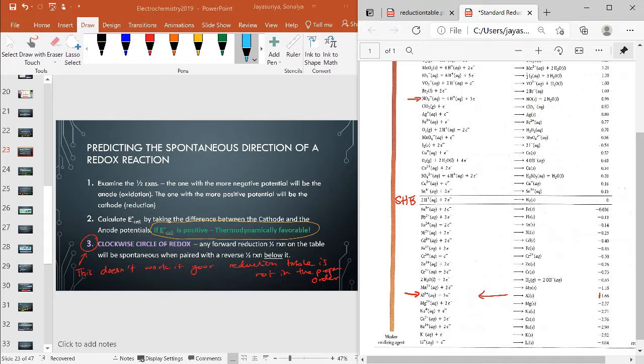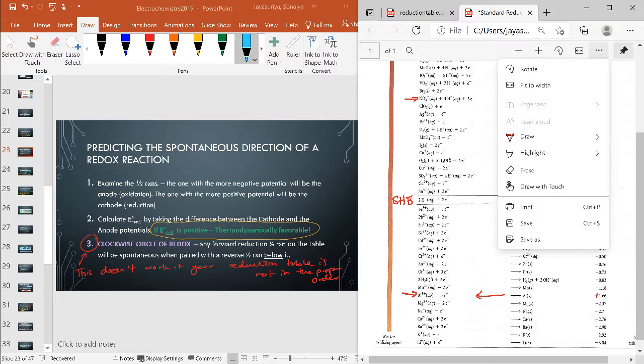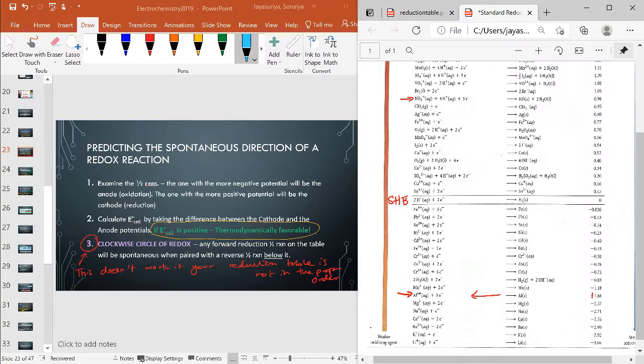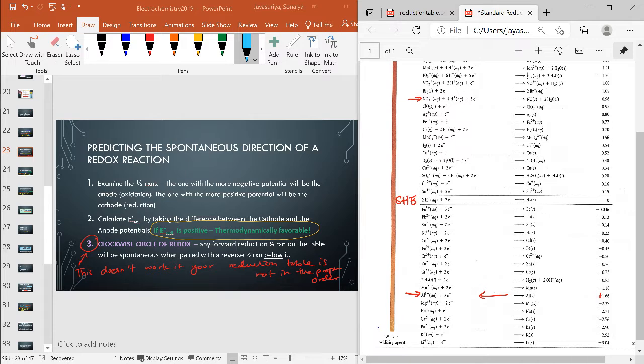So all you have to do is look for your forward reaction and your reverse reaction. One has to be forward, one has to be reverse, right? So let's look at the problem that we were examining just now, nitrate being reduced and aluminum being oxidized.